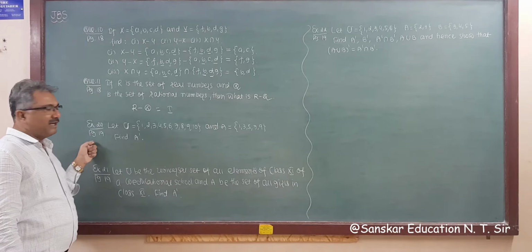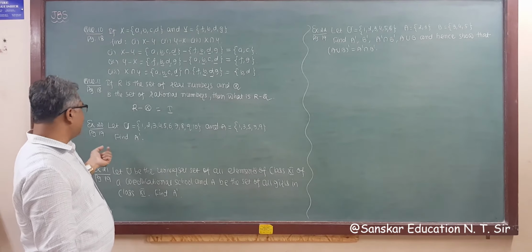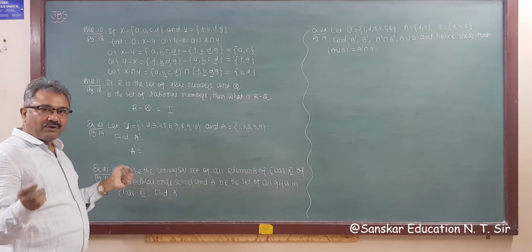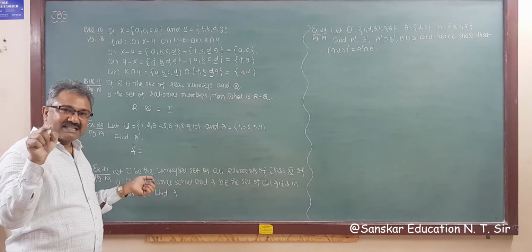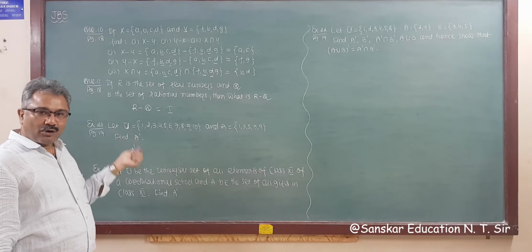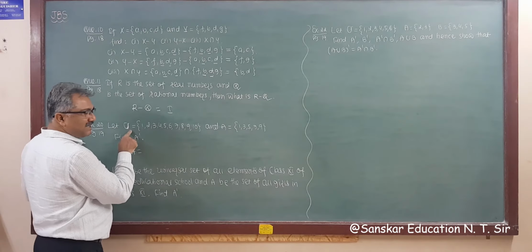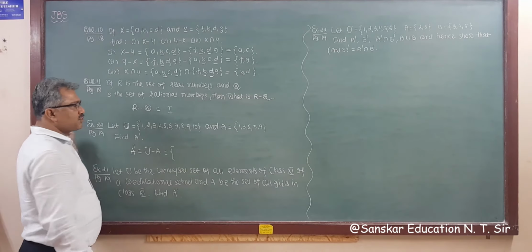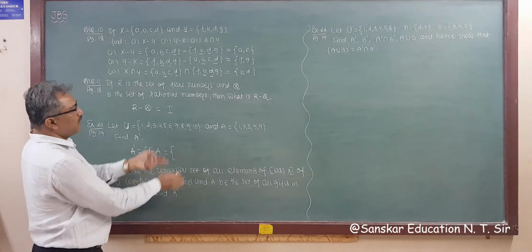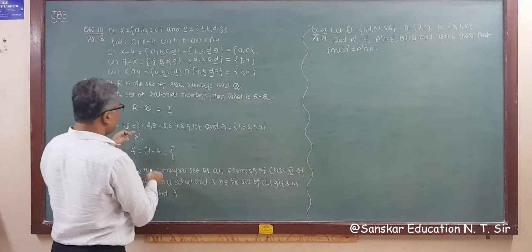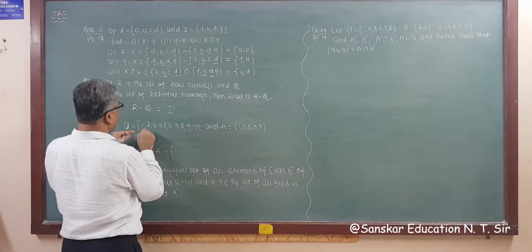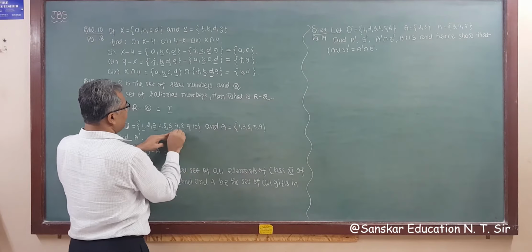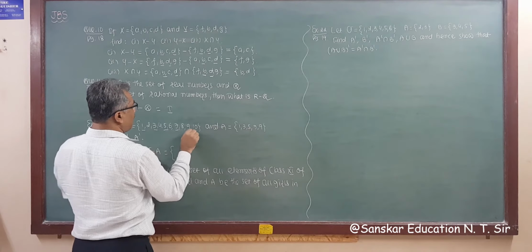Now example 20. Let U is equal to this and A is equal to this, then find A dash. Now what is the definition of A dash? A dash means the set of all elements of set U which are not in A. So you have to take U minus A. From U remove common elements: 1 is common, 3 is common, 5, 7, 9 are common.